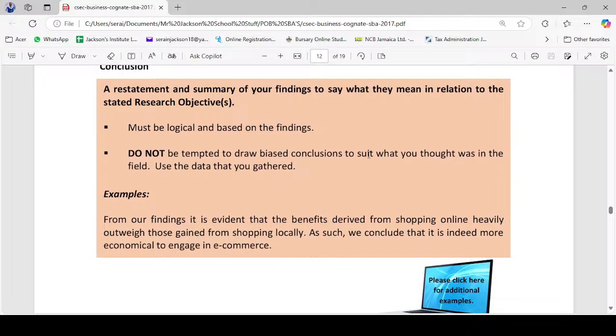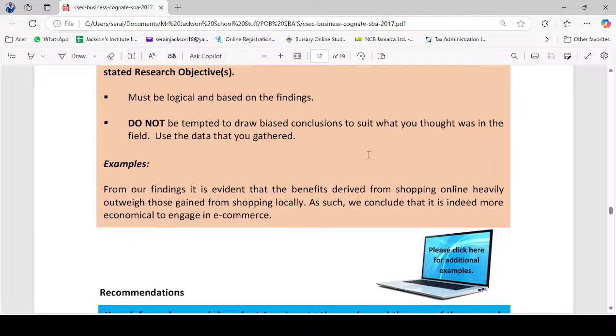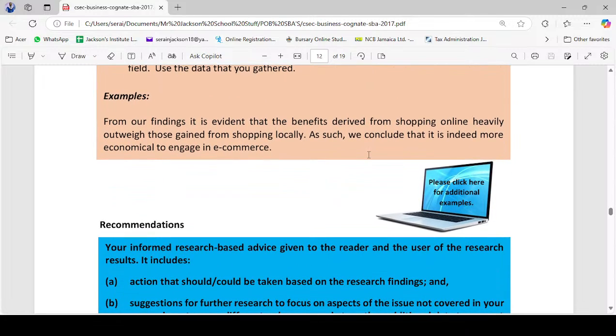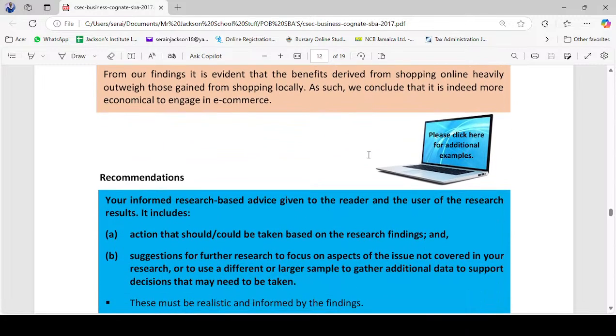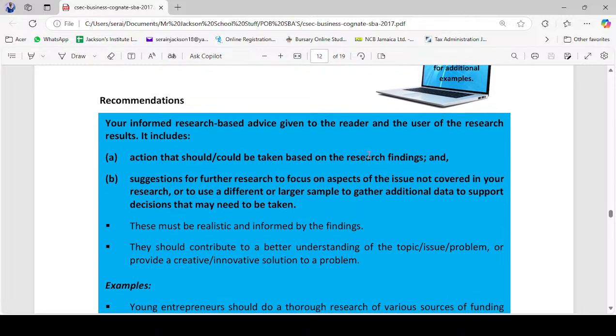So for example, from our findings, it is evident that the benefits derived from shopping online heavily outweigh those gained from shopping physically. And as such, we conclude that it is indeed more economical to engage in e-commerce. When you have recommendations now, right, you are going to be giving your advice, right?